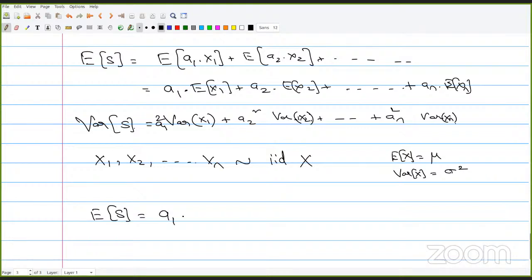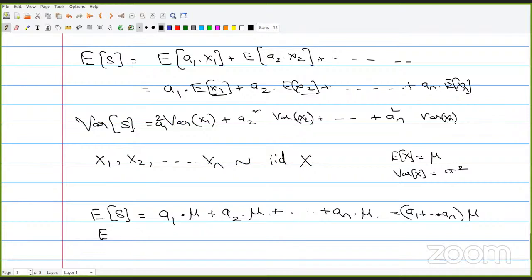This is something like a1 times mu plus a2 times mu. So x1 and x2, everything will have expected value mu, as these are IIDs of X. Whatever parameters X has, the same parameters x1, x2 and so on to xn will have. So this will be a1 plus and so on plus an, times mu.